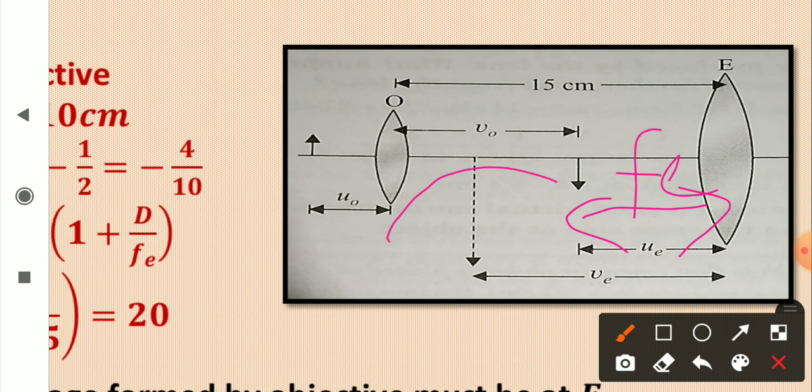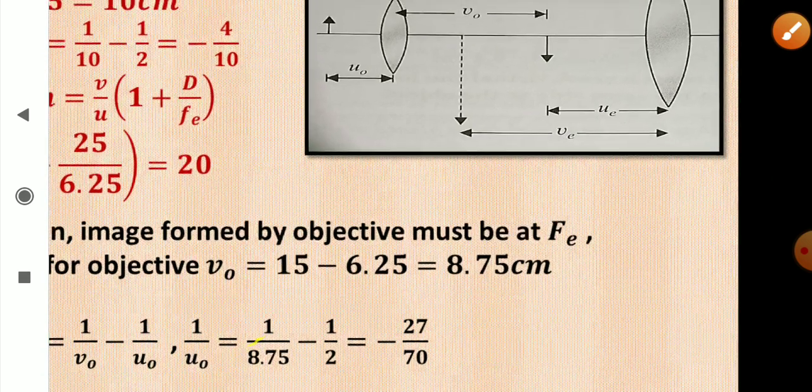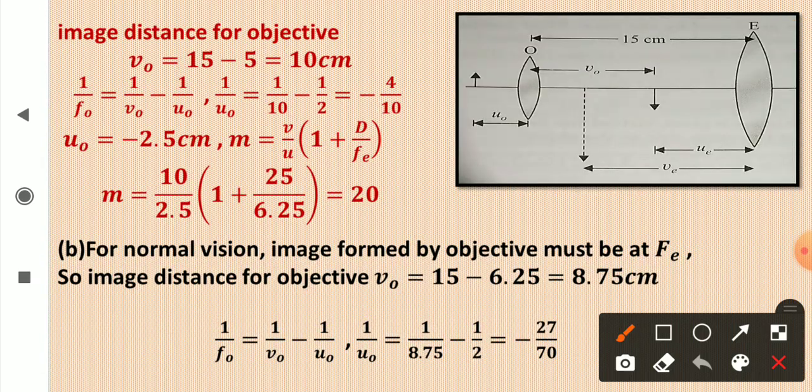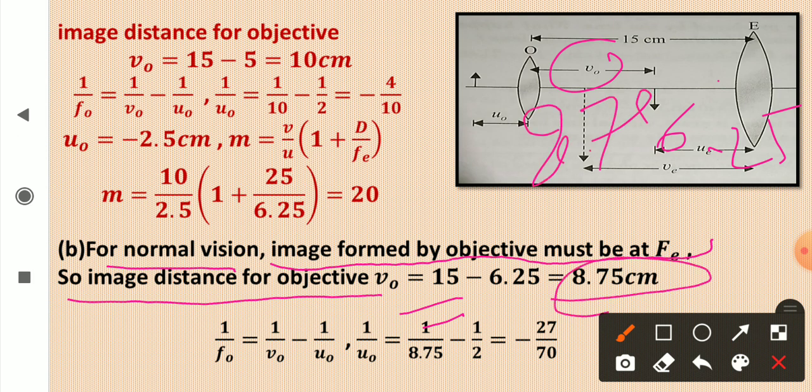So what will be the remaining? 15 minus 6.25. So let's see. So for normal vision, the image formed by the objective must be at FE. So the image distance for objective, this VO is equal to 15 minus 6.25. This is 6.25 and when you subtract it, you get 8.75.